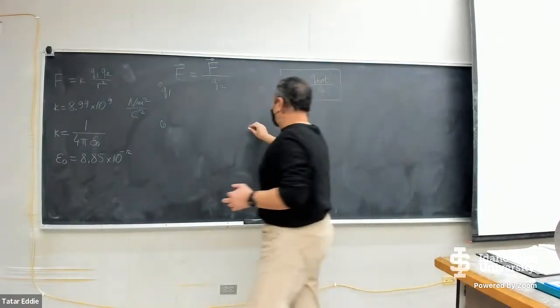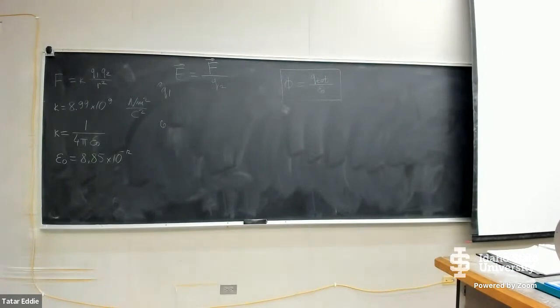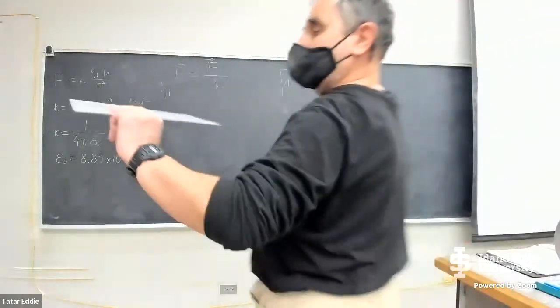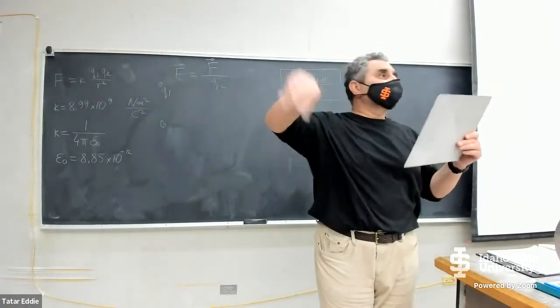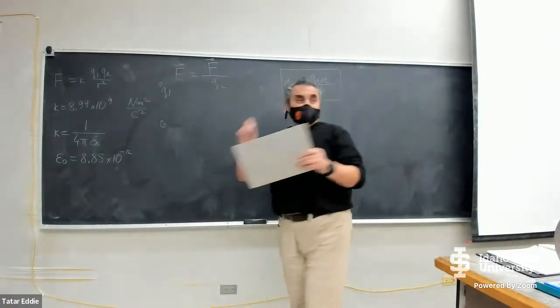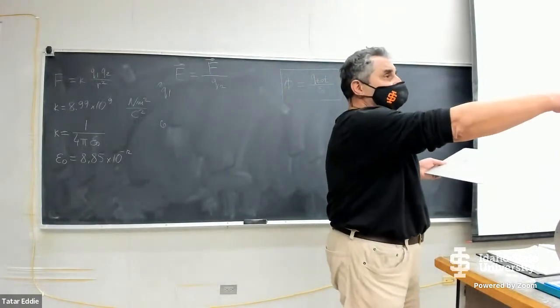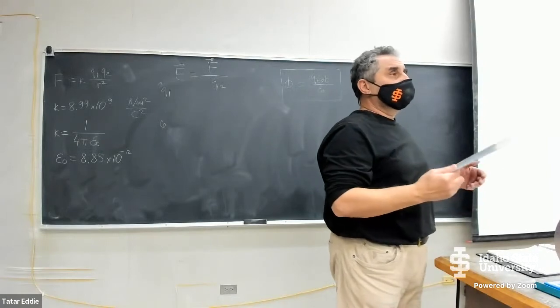So here is a very large piece of metal. I actually have one right here, some aluminum alloy. Imagine that this is very large compared with the distances in this room. And imagine that I take some charge from the generator and place it in the metal.